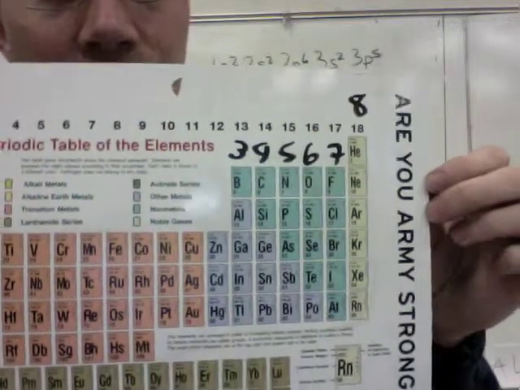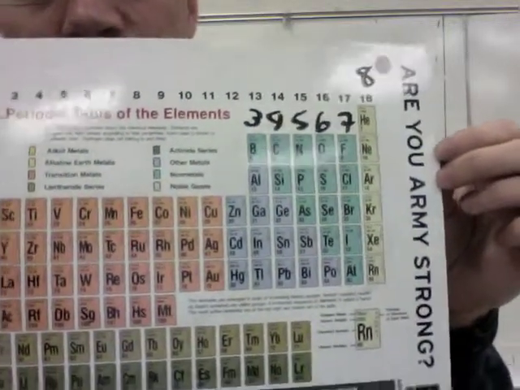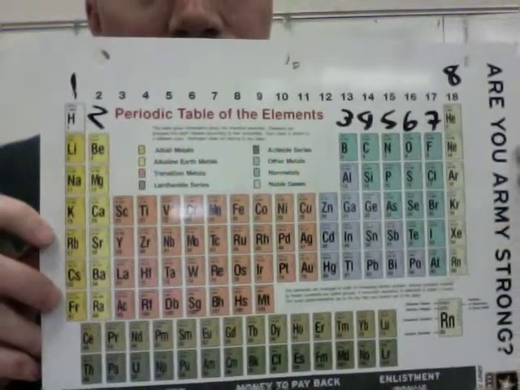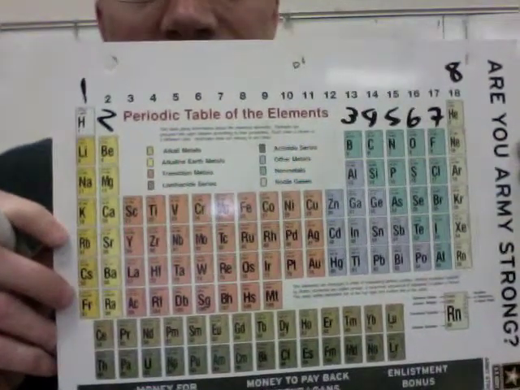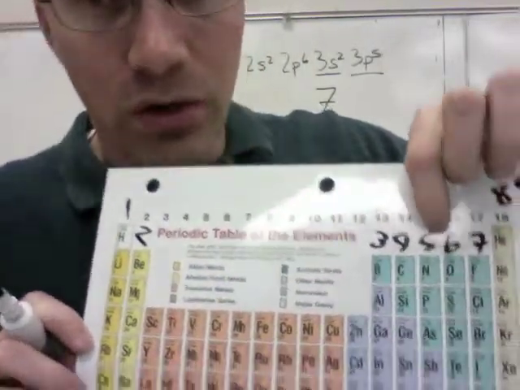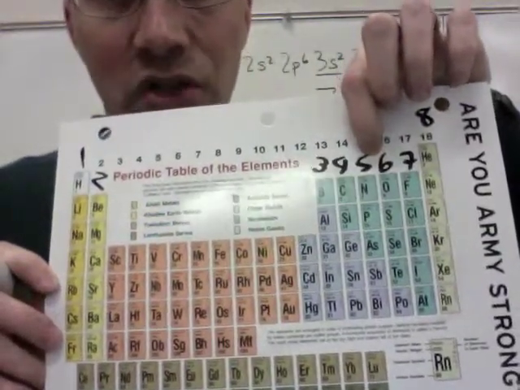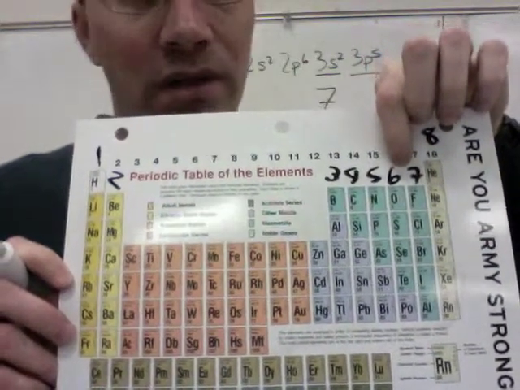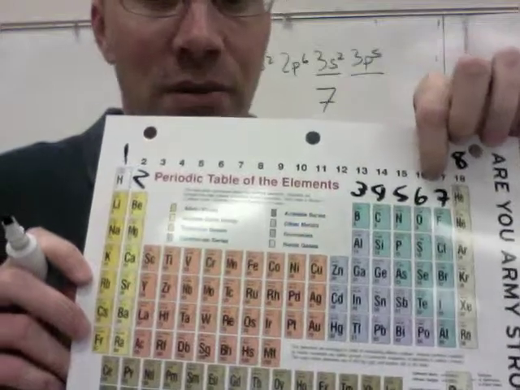The rest of the columns are going to have that much. So if you wanted to draw the neutral dot structure for sulfur, you see sulfur is right here. You realize that it's in that column that should have 6 dots around it, and you know that's how many dots are going to be there.